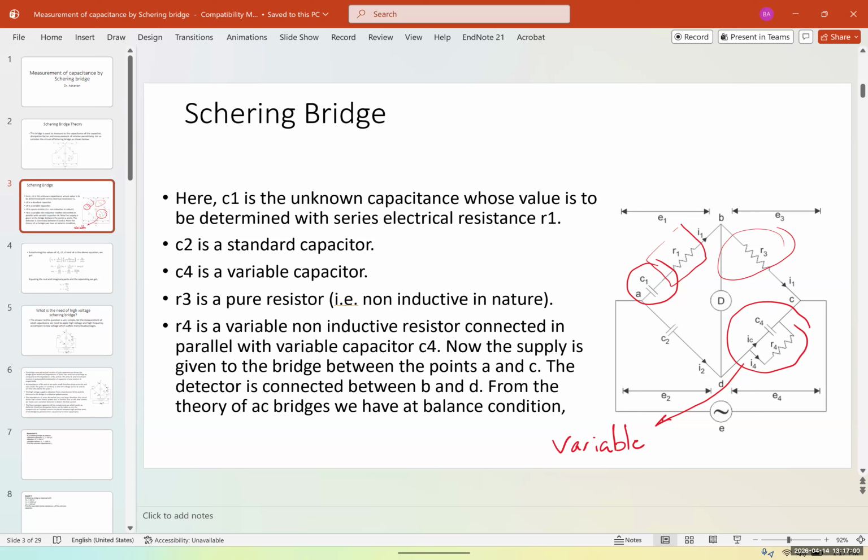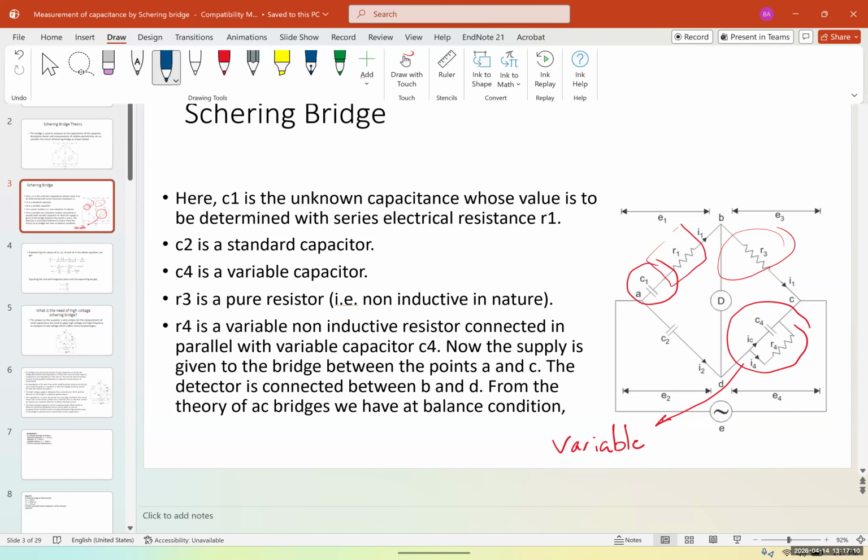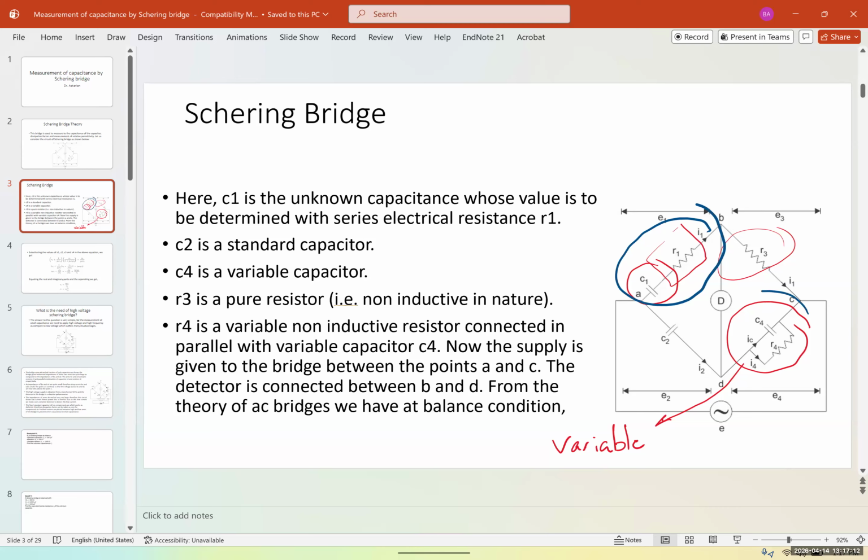As you remember for a Wheatstone bridge, do you remember how we figured out it was balanced? What was the equation behind it? If we multiply this arm by this arm, and it was equal to the multiplication of the impedance of this arm and this arm, then we had a balanced bridge.